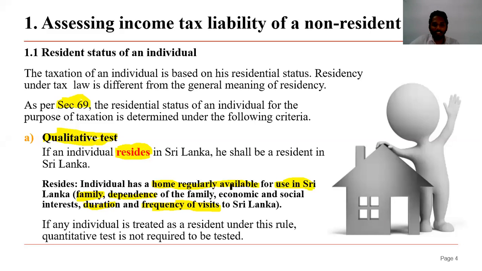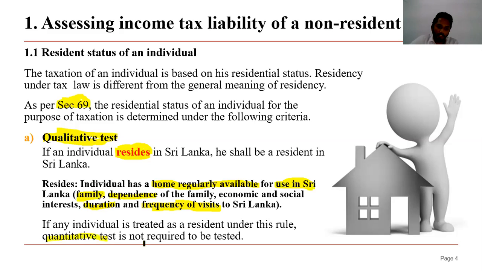So the regular home, and how nicely they have designed it to determine the residency when it comes to the DTA. If a person is resident in both countries, then we go with the DTA, if a DTA is available.